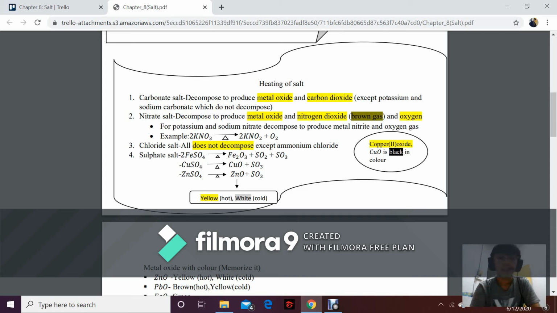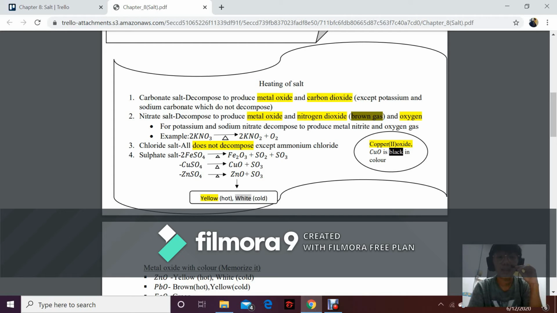If you heat the nitrate salt, then nitrogen dioxide, the brown gas, is produced. So when the question says brown gas is produced, this is a nitrate salt. Carbon dioxide means carbonate salt. Brown gas, or nitrogen dioxide, produced means nitrate salt.